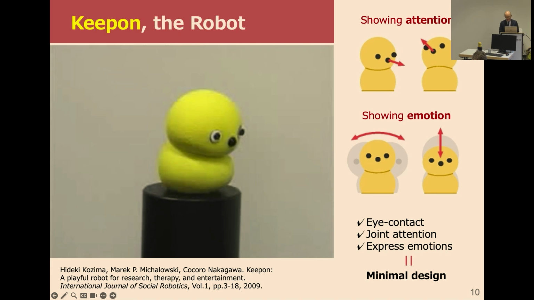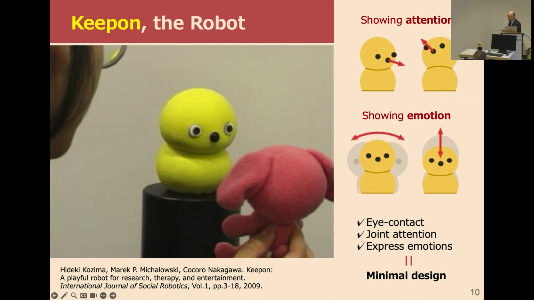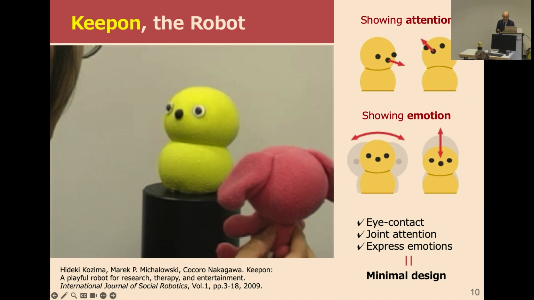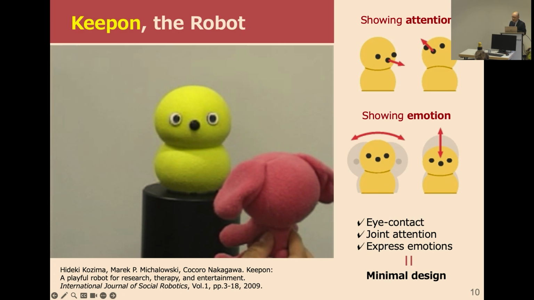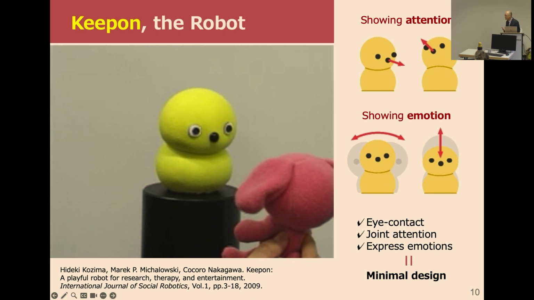Okay? So despite this simplicity, well, just 4 degrees of freedom, Keepon is still capable of making eye contact, joint attention, and exchange of emotion. So I would say that this Keepon is minimally designed for non-verbal social interaction.